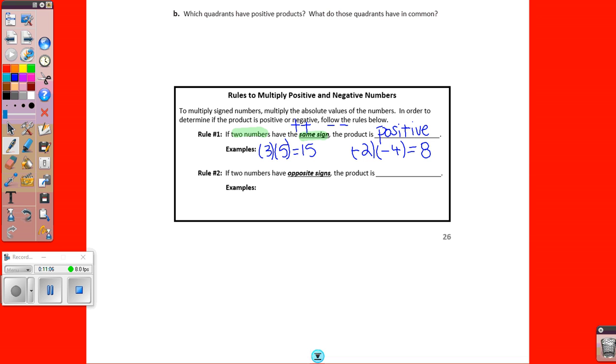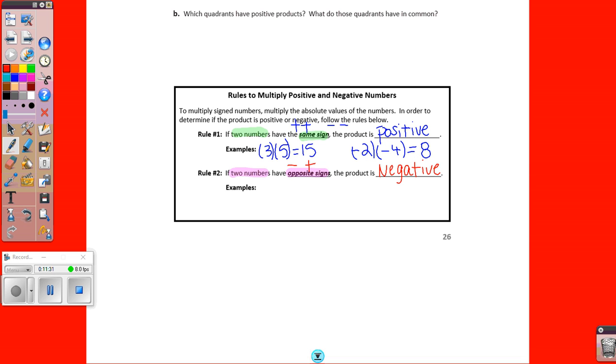Now in the other scenario, rule number 2, this is when we have two numbers that are being multiplied, but they're different signs. So opposite signs, meaning that you're going to have one number that's negative and one number that is positive. And the order does not matter. As long as you have two numbers that are different signs, that means that your product will always be negative.